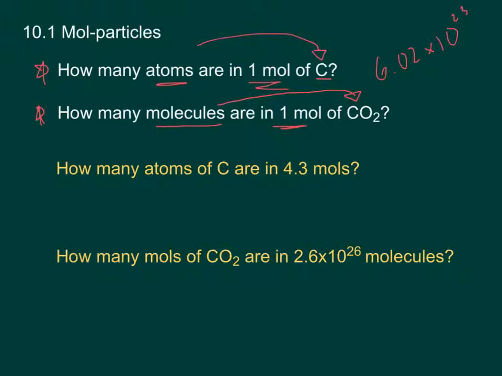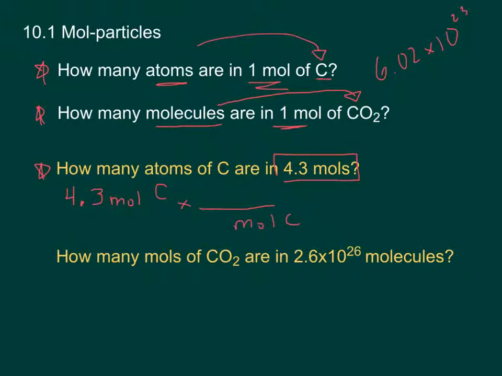When we have a problem like this one, how many atoms of carbon are in 4.3 moles, we have to do a calculation. We can't do that in our head. So we always start with the number written in the problem, which happens to be 4.3 moles of carbon. We're going to multiply that by a conversion fraction. We know that moles of carbon needs to be canceled out, so that's going to go on the bottom.